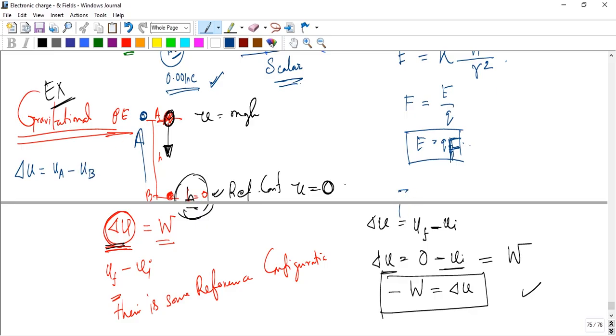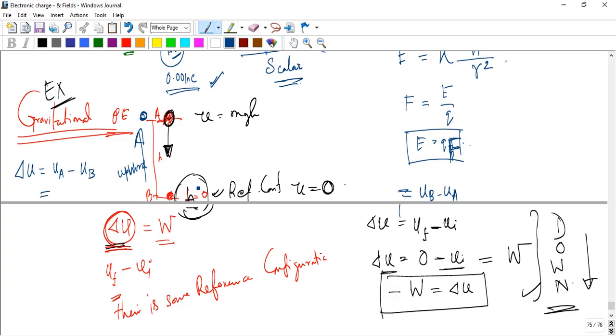So delta U is UB minus UA. Here, when someone throws the ball upward, this is the upward direction and that is the downward direction. See that very carefully.